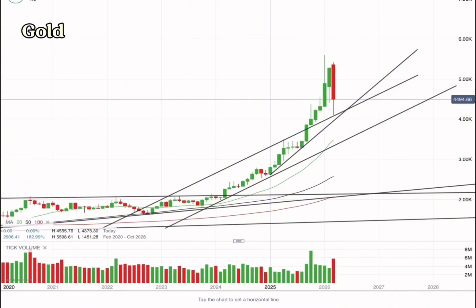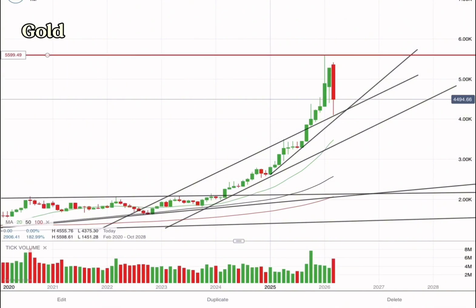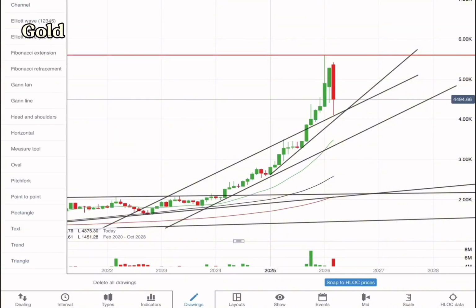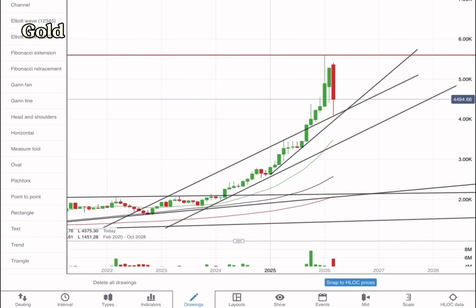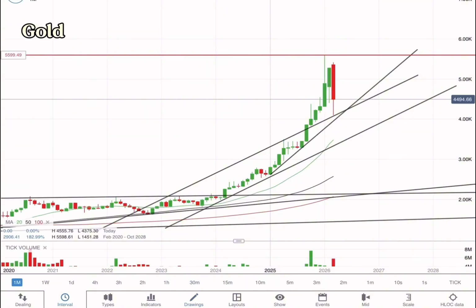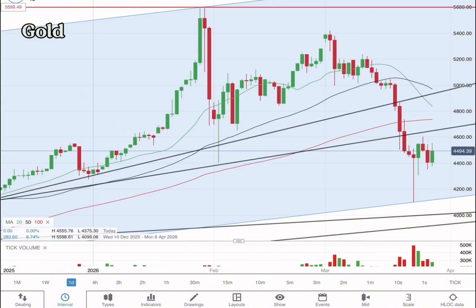Okay, so we've got a top line, which is your resistance. So just over 5,000 in gold. Okay, so that would pretty much conclude the charting of gold for today.